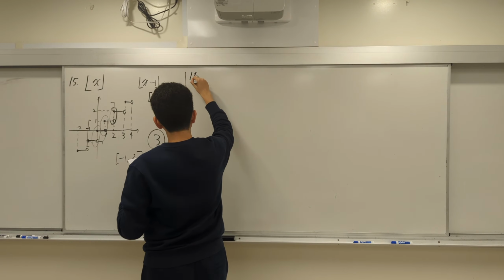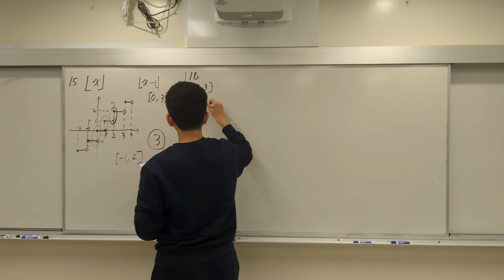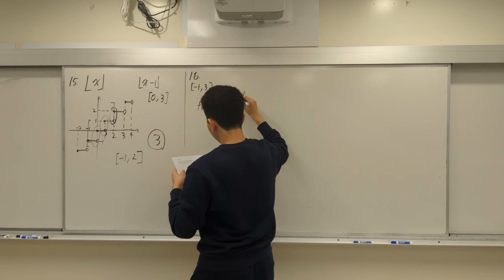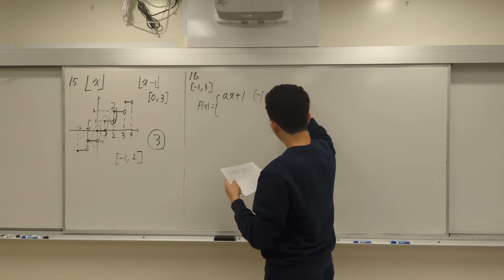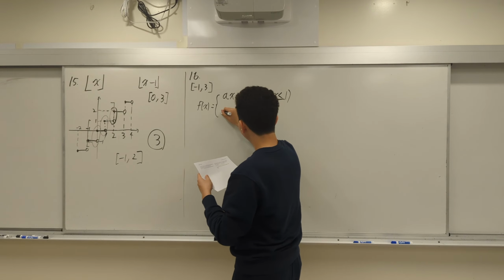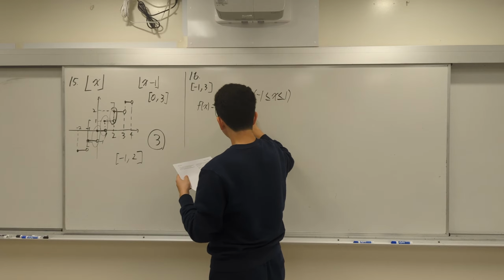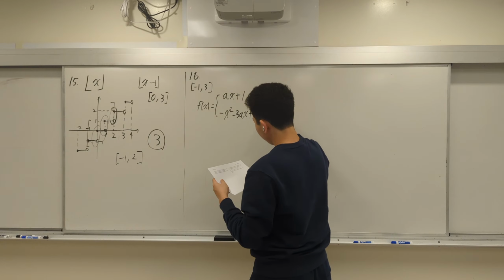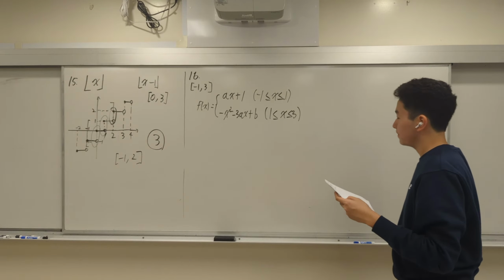So on -1, 3, that closed interval, it's defined as ax plus 1 when x is between -1 and 1, and negative x squared minus 3ax plus b when x is like that. Okay.